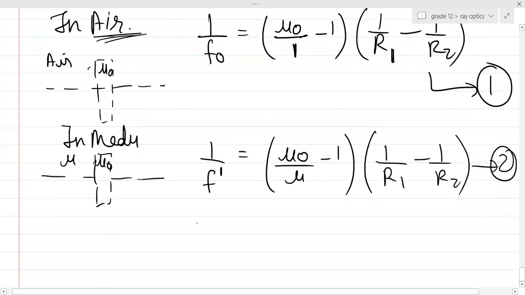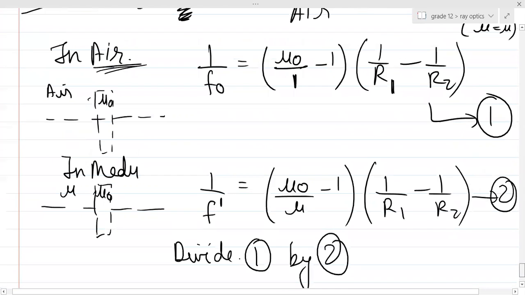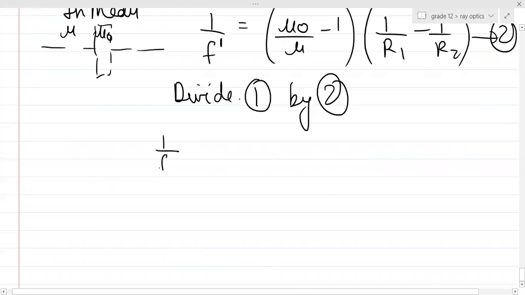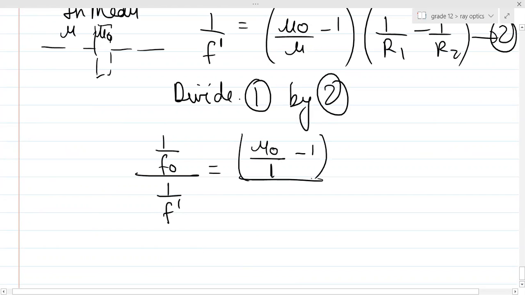So can you see, you can just divide these two equations. Divide 1 by 2. Then I get 1 by f naught divided by 1 upon f dash is equal to mu naught upon 1 minus 1, and this becomes mu naught upon mu minus 1. Yes or no? So basically this is your f dash upon f naught.